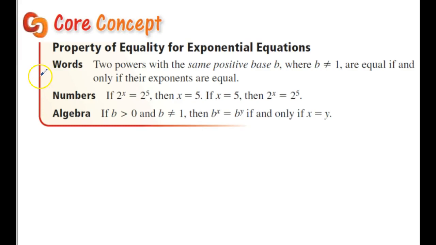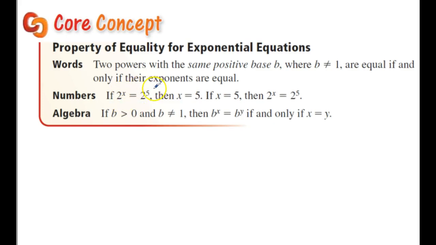So we're dealing with the property of equality for exponential equations. I'm really looking at the same base, right? Two powers with the same base are equal if their exponents are equal. So I can set this up. I see that I have 2 to the x equals 2 to the 5th. Since my base is the same, I can set my exponents equal.